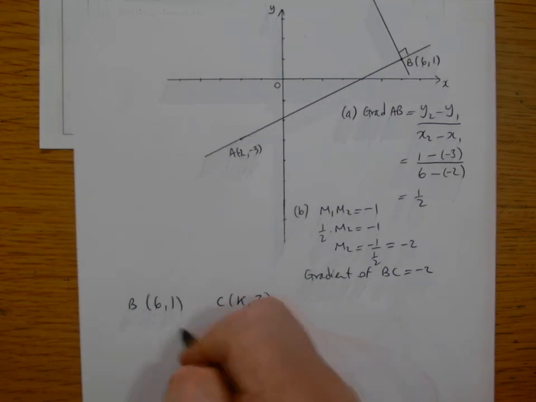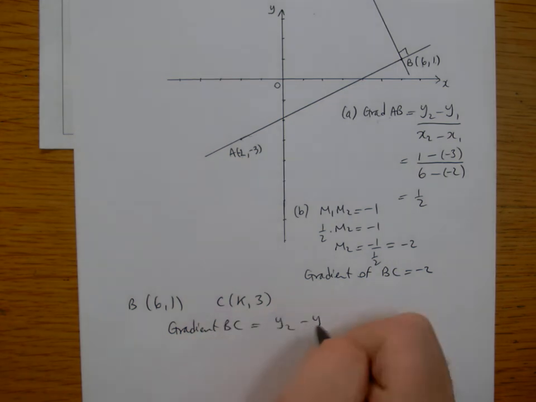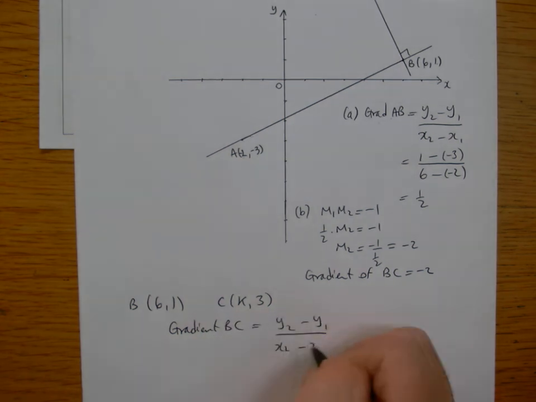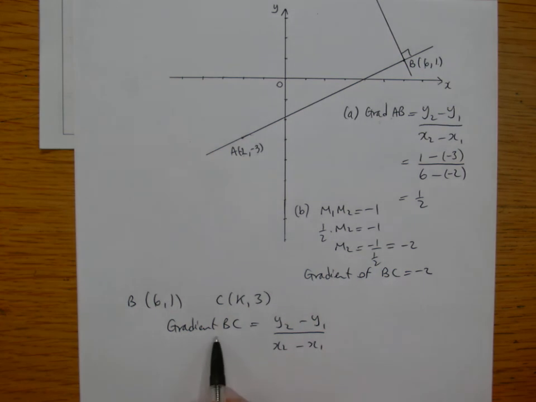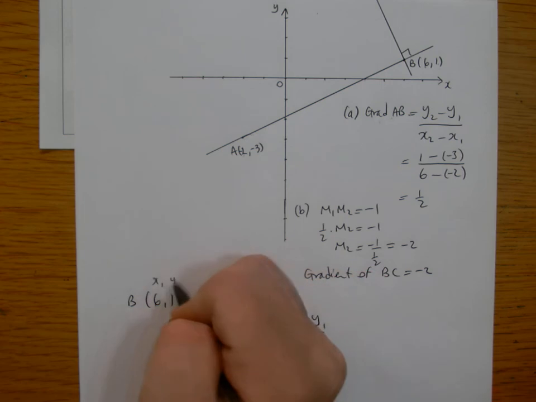So if you remember the gradient formula is y2 minus y1 over x2 minus x1, and I know the gradient of BC is minus 2, what I can do is substitute those two coordinates in here. So I'd call this my x2, y2, and this my x1, y1.